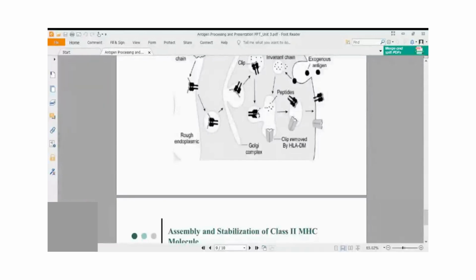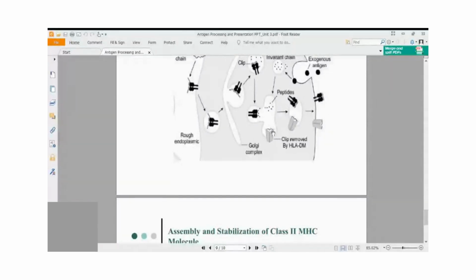So the antigen groove of the class 2 MHC is going to be bound by the antigen of exogenous origin, which had come from outside and been processed, and that processed antigen comes to the surface through the antigen groove of the class 2 MHC.